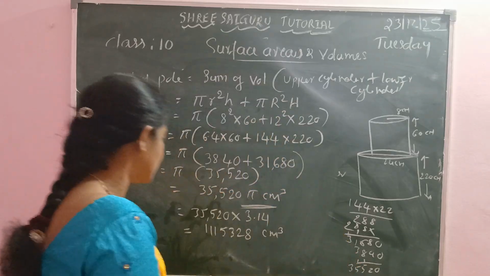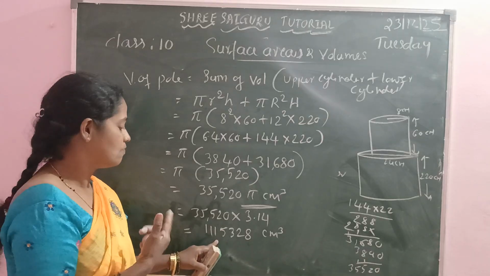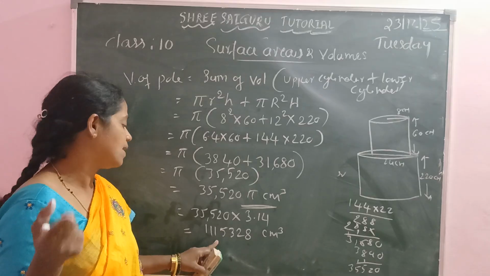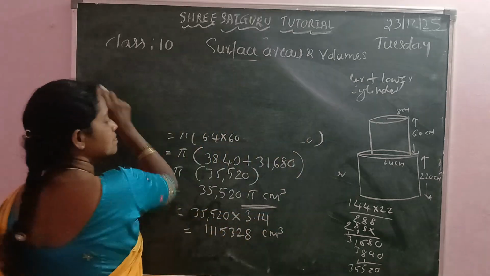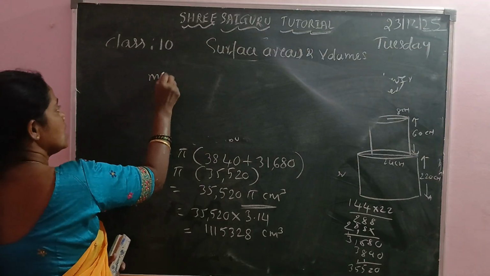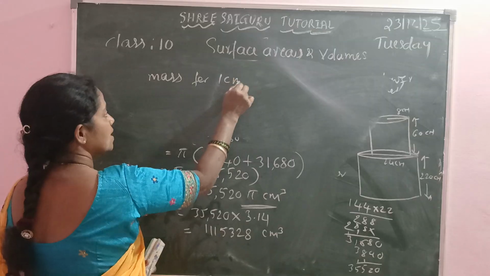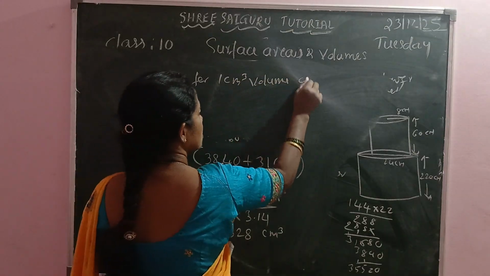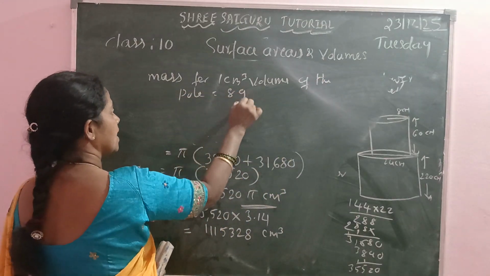For this much volume, what will be the mass? So we have to multiply by 8. It is given that the mass for 1 centimeter cube volume of the iron pole is equal to 8 gram.